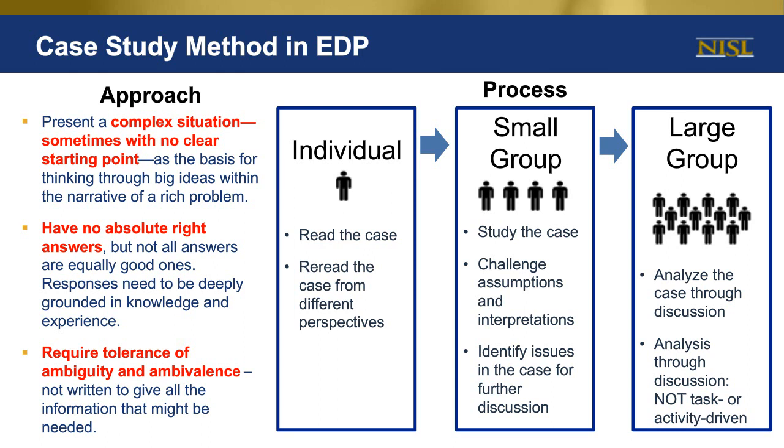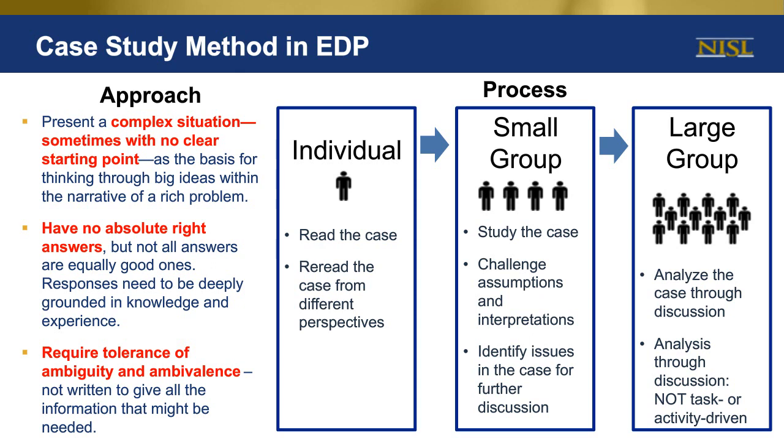Then we spend the bulk of a case study discussion in small group discussions. We give them 2 or 3 guiding questions, but we let them take the discussion and analyze it and determine where they want to go with it. And then we spend the last few minutes of the case study discussion pulling them back together in a large group debrief to hear their analysis and to hear some of the things that they identify. Next slide, please.